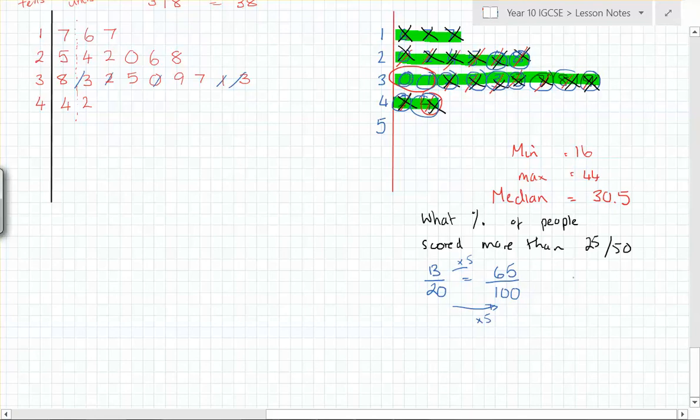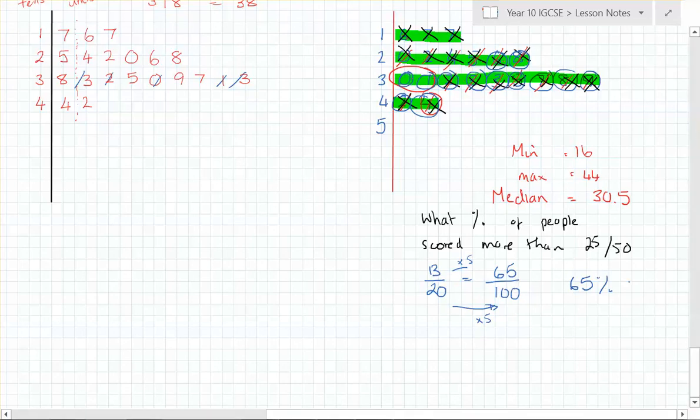So that is 65%. So it's quite a nice and easy one to do. Or, you're right, you could have done 13 divided by 20 times 100, which would also give you 65. For me, that's the easier way. Yeah, but if you don't have a calculator, for instance, you might not be able to do 13 divided by 20. So it's worth considering other options.